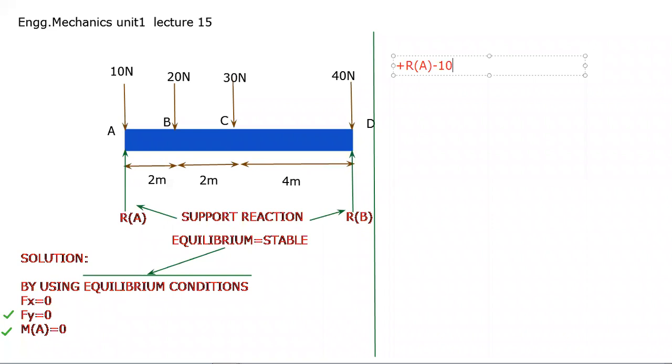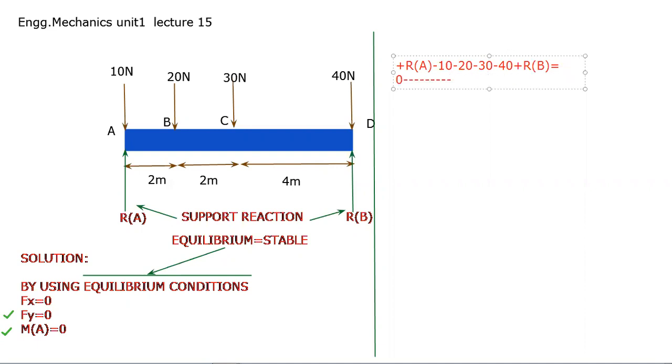The next force is 10 Newton, which is in the downward direction, so it is towards the negative y-axis and will be negative. Minus 20, which is also in the downward direction. Minus 30, also downward. Minus 40, also downward. Plus Rb, which is in the upward direction, is equal to 0.